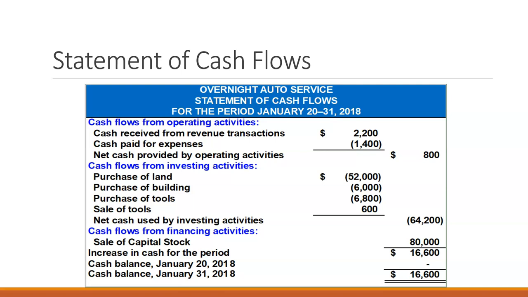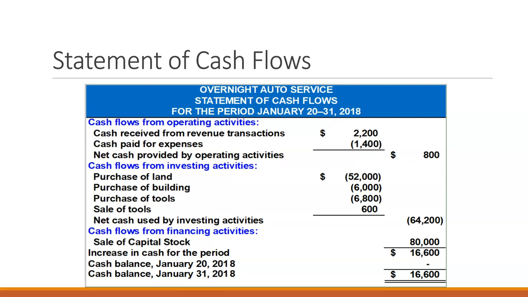Normally when we think about investing, as a person, we're going to think about stock, because when we buy stock, we're investing in a company. However, when a company sells stock, it's a way to get money. So stock is a financing activity for a company.